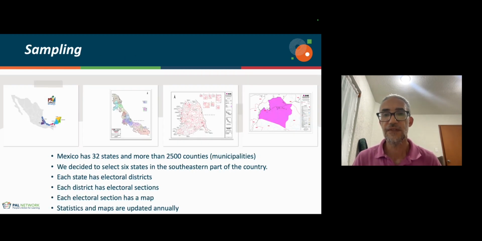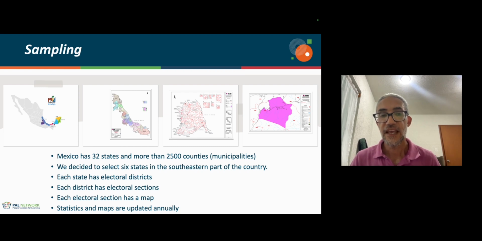In the case of Mexico, for example, Mexico has 32 states and more than 2,500 counties or municipalities. We decided to select 6 states in the southern part of the country because this part has the most inequalities and the most disadvantage in terms of socioeconomic status.